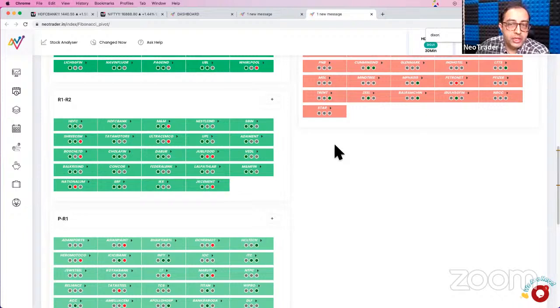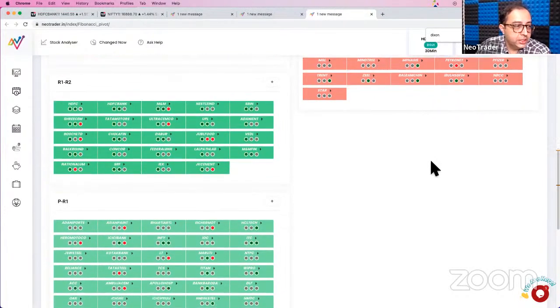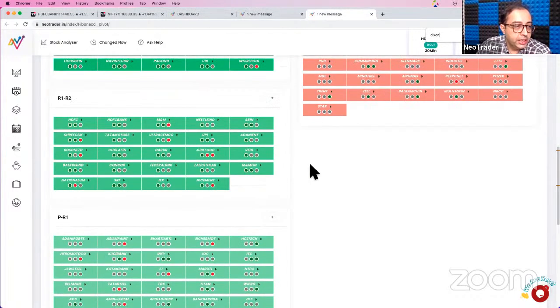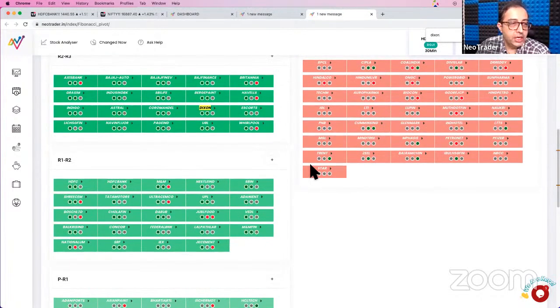When you search for Dixon, you'll know that the Dixon stock is moving, and you can see here that there is a movement. It's in R2 to R3. So there is a good movement shown in Dixon.